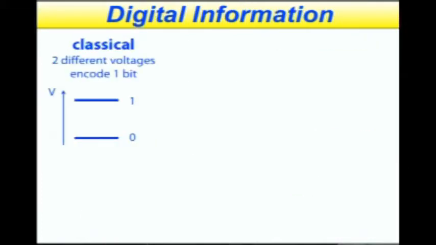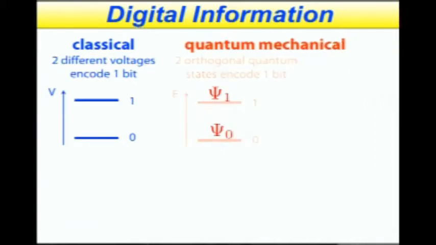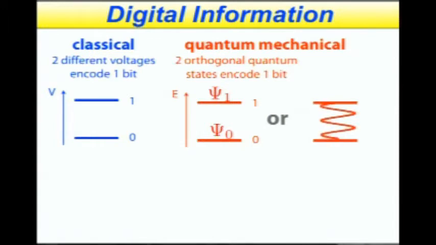Now, I told you classical information is, for instance, 2 different voltages, and now we come to the quantum version of that. In a quantum mechanical computer, instead of using 2 different voltages, you represent the bit by 2 different quantum mechanical states. For instance, spin up and spin down, or 2 different orbitals in an atom.